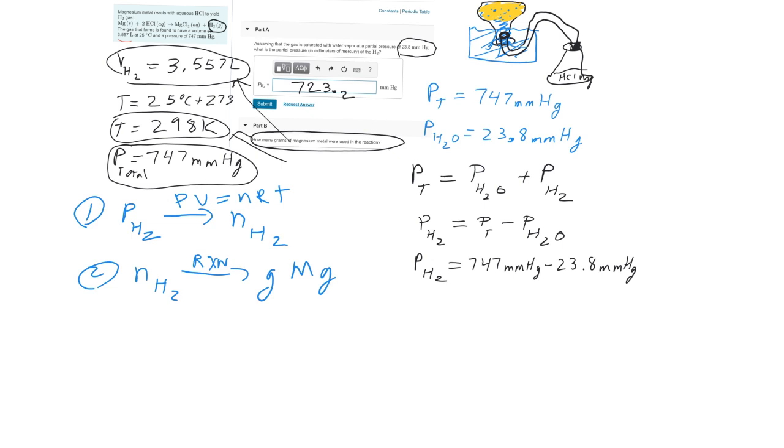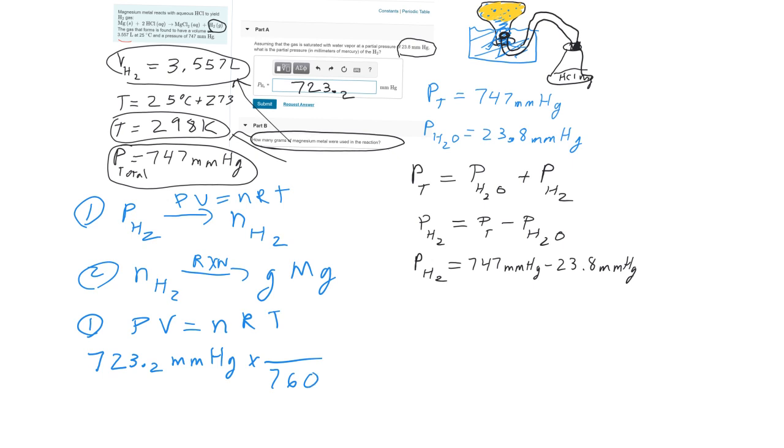So let's begin using PV = nRT. We solved for a pressure of hydrogen gas of 723.2 millimeters of mercury. Well, in order to use PV = nRT, we have to have atm.